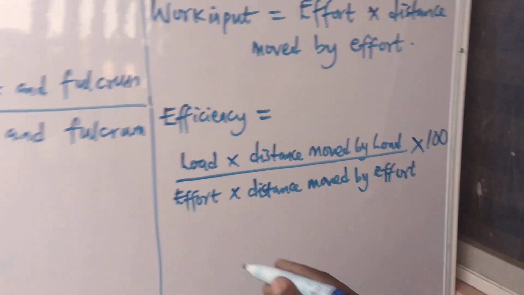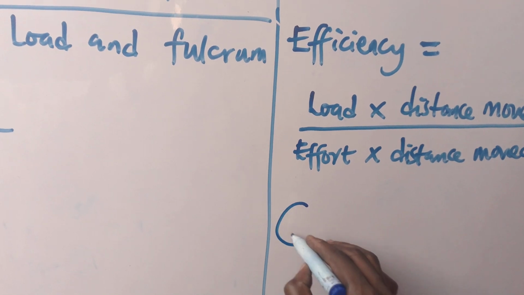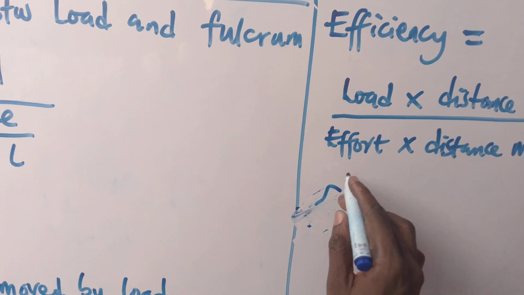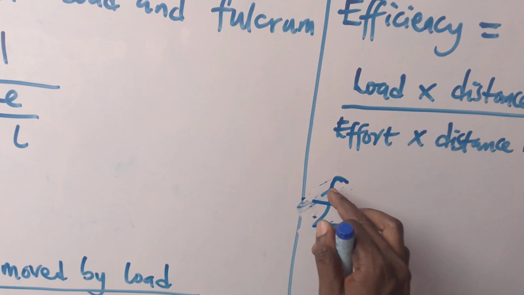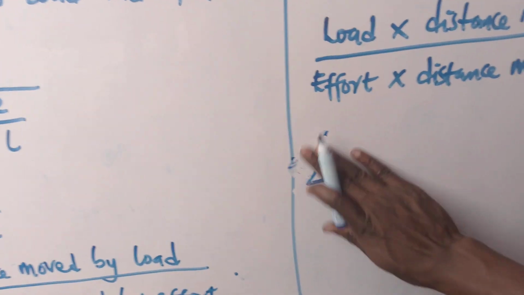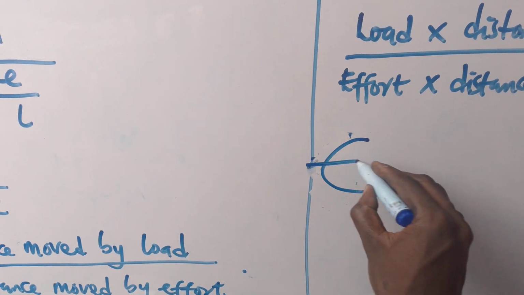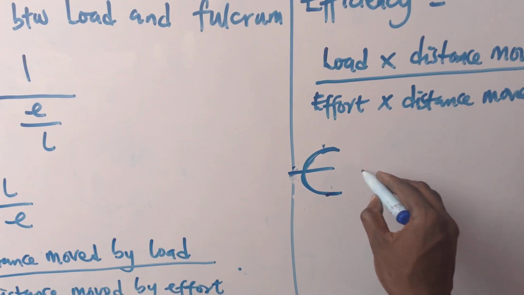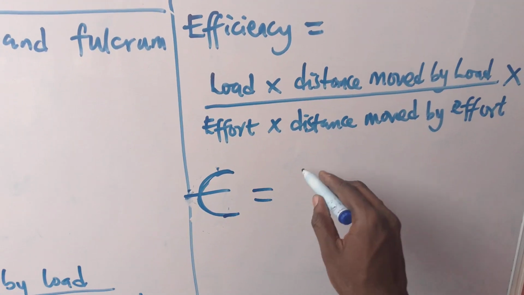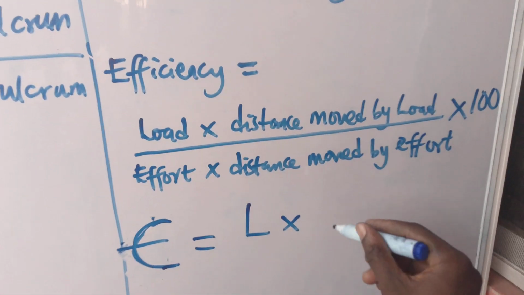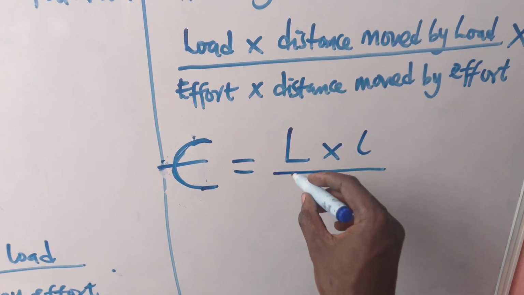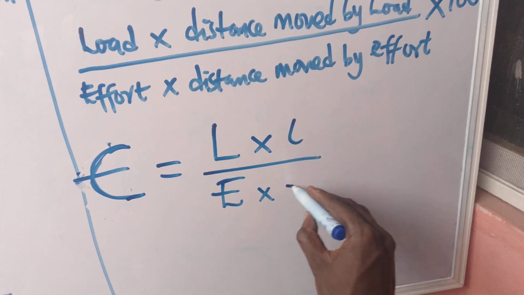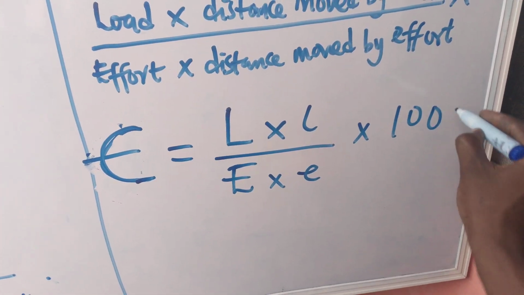Okay, now the symbol for efficiency is this. It's a stylish E. Some textbooks write it like this, while some take it like this. So we can take this as efficiency. Efficiency is equal to the load, capital L, distance moved by load, small l, the effort, capital E, times distance moved by effort, small e, multiplied by 100.